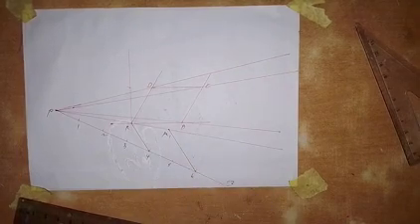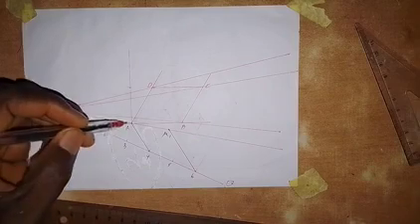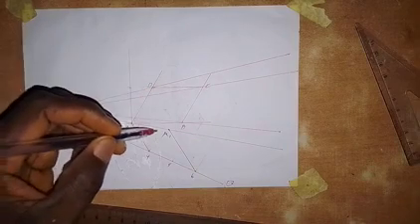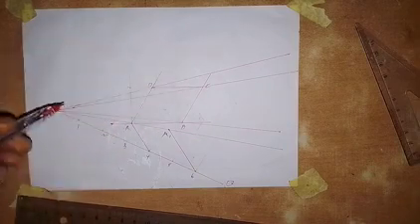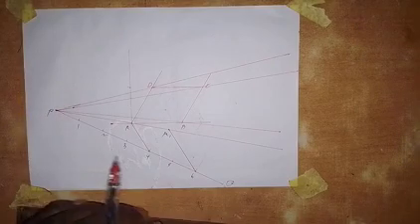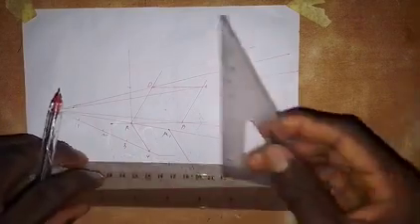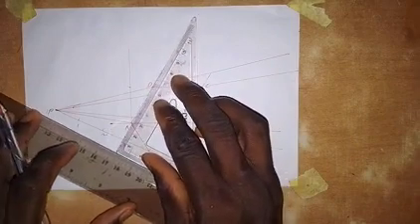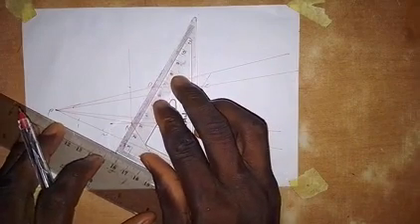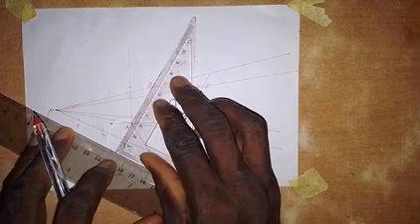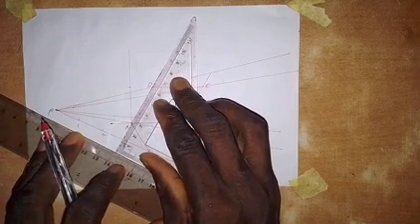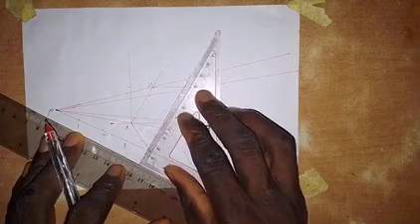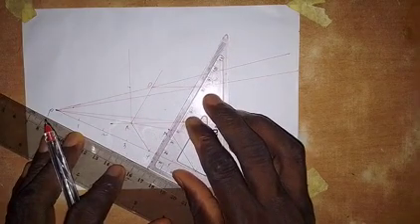So the next thing I'm going to do is locate point D. If you look, this is line AD. So we have to take our set square, setting it on the ruler like this, and then I will set it along this line AD. Then I'm going to shift it to point A1.